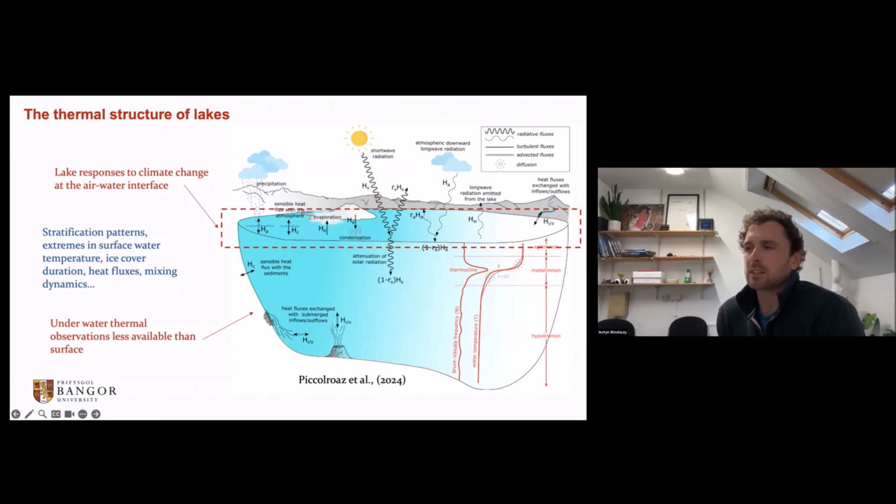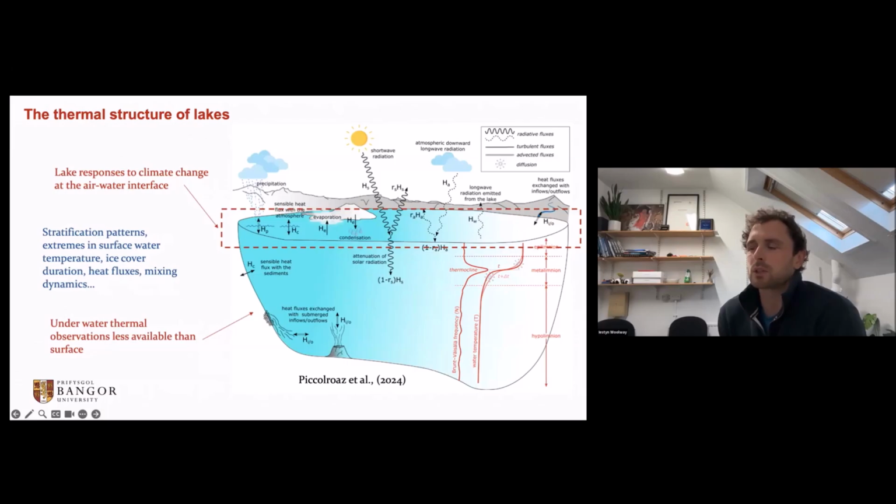This is summarized in the schematic diagram showing both at the surface the energy fluxes, but also deeper down below, covering things such as the thermal structure, so how lakes are categorized into distinct thermal layers. So most of you will be aware of the different layers that we have in lakes, including the epilimnion, which is the surface layer, the metalimnion, which is this transitional layer where the thermocline sits, and the hypolimnion, which is the deeper layer of the water column.